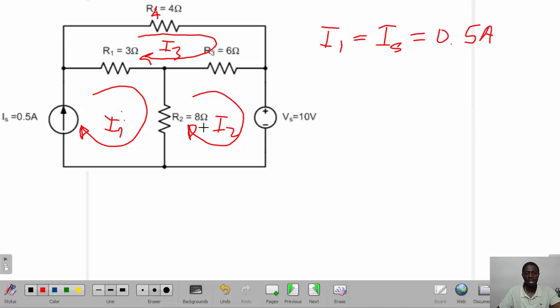And then we come to the equation on mesh 2. By the direction of the current, we are going to have a voltage drop here, plus minus VR2, plus minus VR3. Then we apply KVL on mesh 2. So mesh 1 is sorted out.